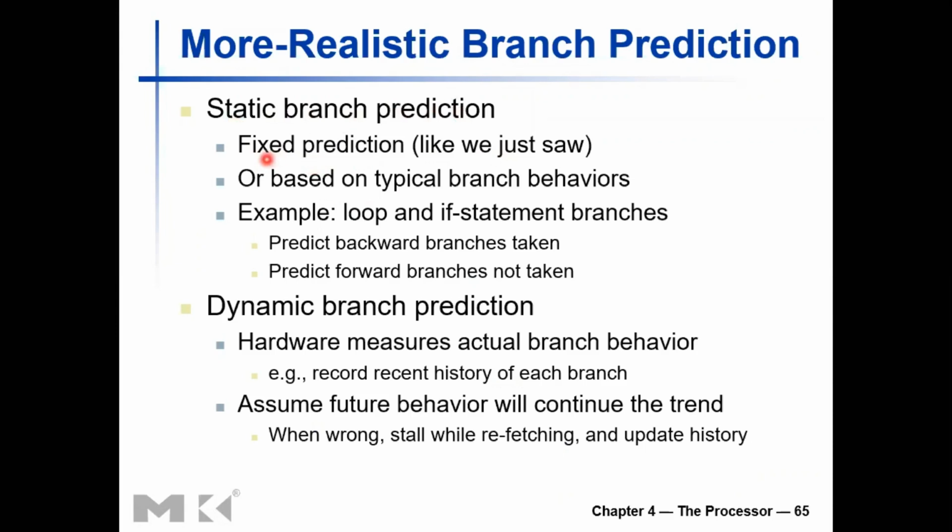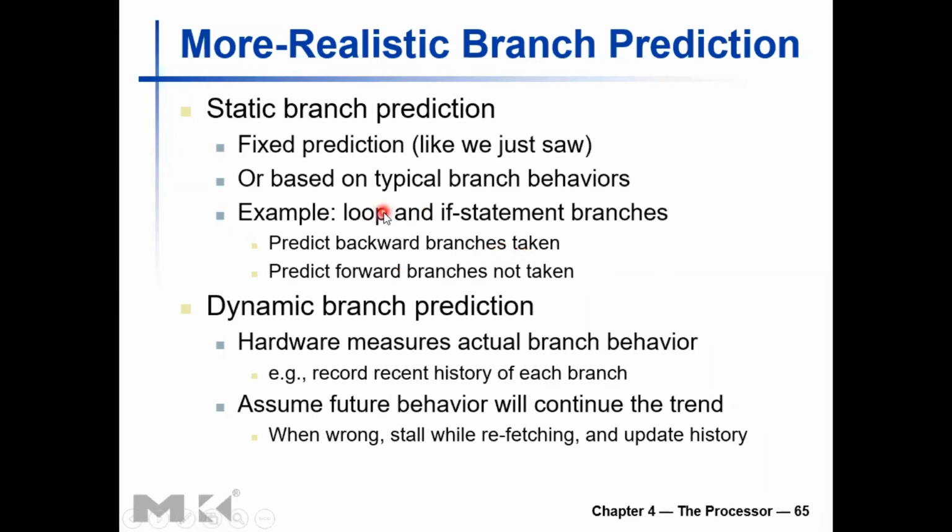So another type of static branch prediction we can do is base this decision or the prediction on typical branch behaviors that we see in programs, right? One example is in loop statements, the backward branch is nearly always taken, right?